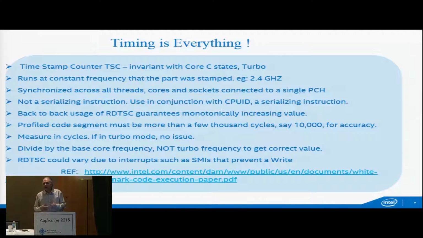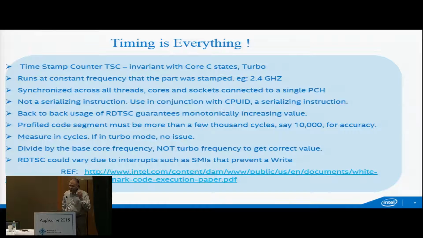Now this isn't a serializing instruction, so if there are any reads or writes, there is no serialization that happens. But if you run two of them back to back, and I'm hoping you folks are doing that, then you should see no problem when you try to time your code. Do not use these instructions to time small pieces of code, like 100, 200, 1,000 cycles.